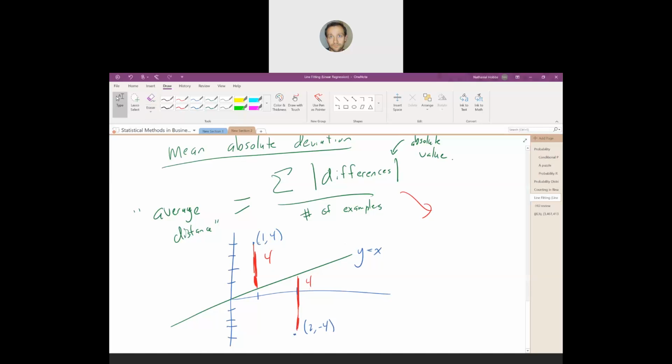This point should be at 1, 1. It's at 1, 4. Actually, that's a distance of 3. And this point should be at 2, 2. So this is a distance of 3, that's a distance of 3. The ideal point here would be 1, 1, and here the ideal point would be 2, 2.